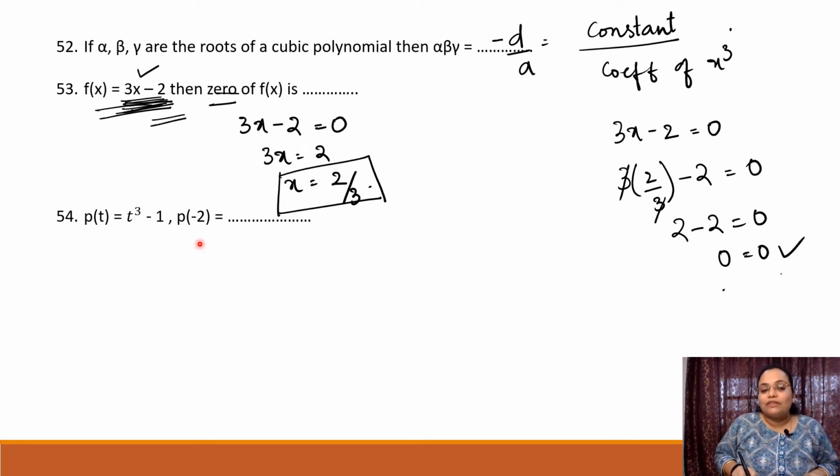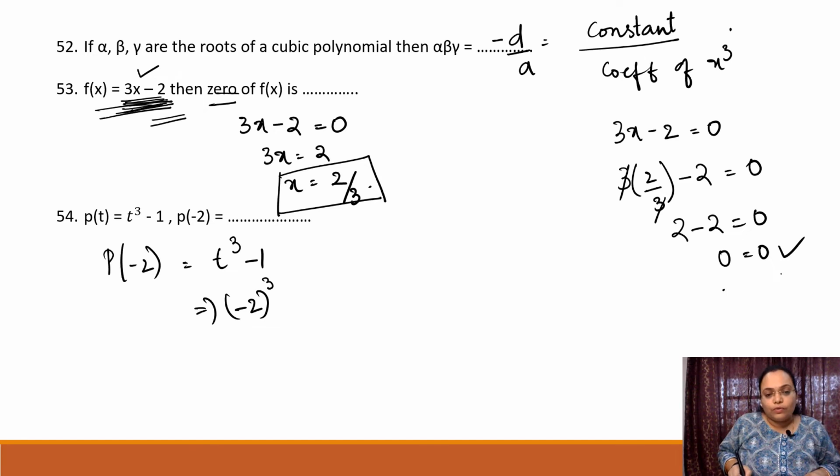So just put the value of minus 2 in the t cube minus 1 and find the value of p of minus 2. That is, p of minus 2 is equal to t cube minus 1, which is (minus 2) whole cube minus 1. (Minus 2) whole cube will be minus 8, minus 1, which is minus 9.